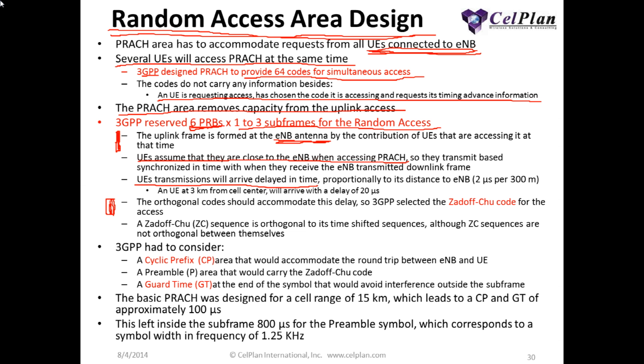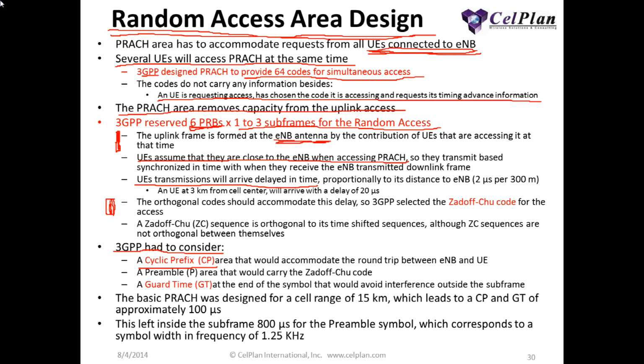So in designing the random access area, the 3GPP considered a cyclic prefix, and this cyclic prefix has to be large because it has to accommodate the round trip between the ENB and the UE. It considered a preamble that carries the Zadoff-Chu code and a guard time that avoids interference outside the subframe.